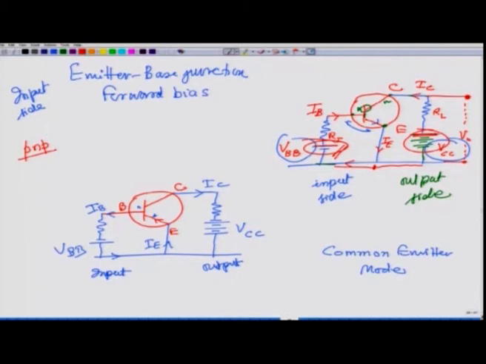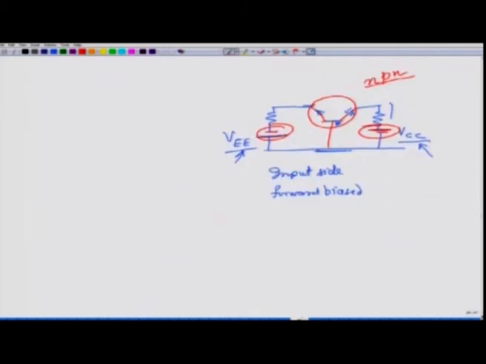So, these are some visual things that you can talk about. This will be called common base mode. So, I will be working with common emitter mode more, and therefore, we will concentrate on that.